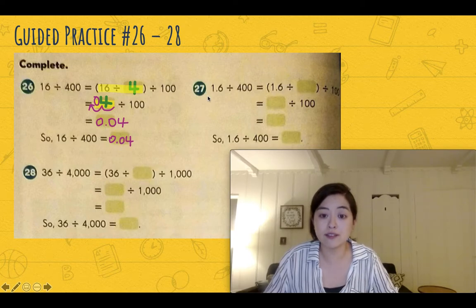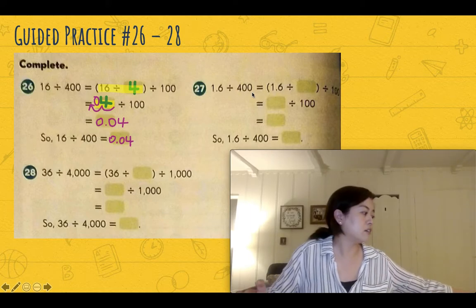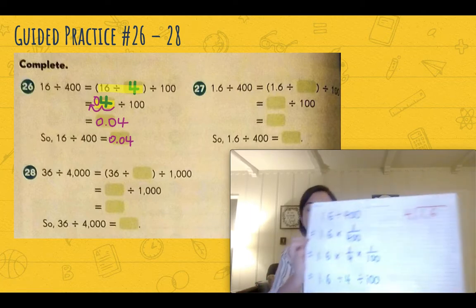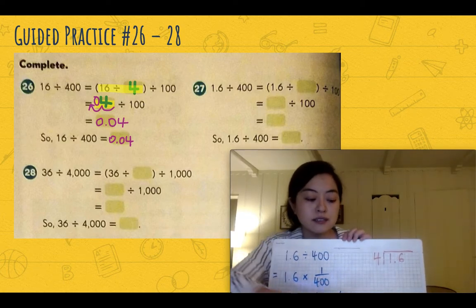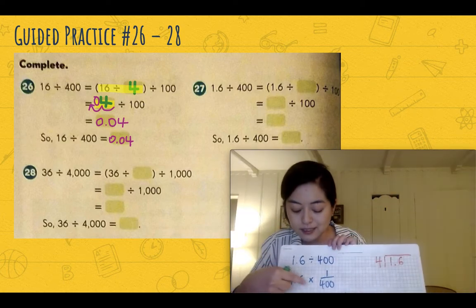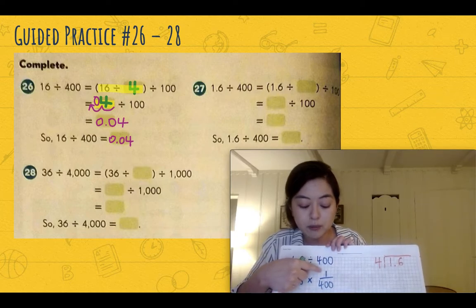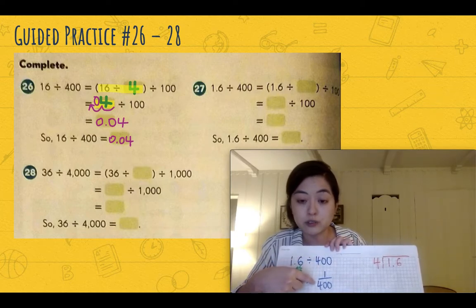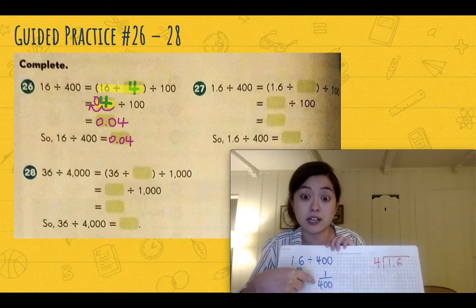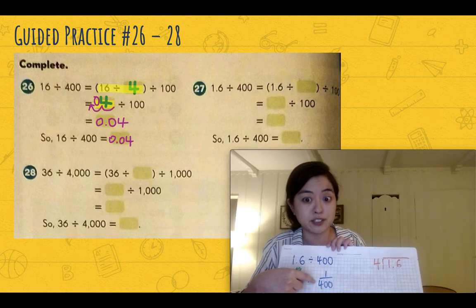Let's go to 27. 1.6 divided by 400. Okay? So 1.6 divided by 400 is the same thing as saying 1.6 times the reciprocal of 400. And then I'm going to break apart the reciprocal of 400 to see how many hundreds there are, because eventually I want to divide by 100, and I'm excellent in dividing by 100.